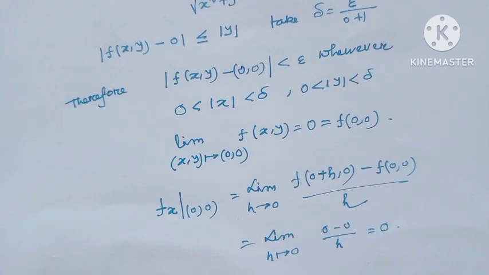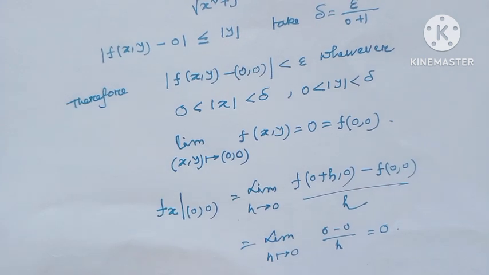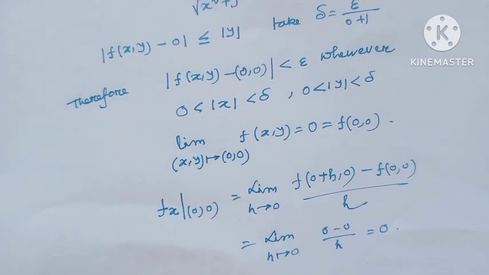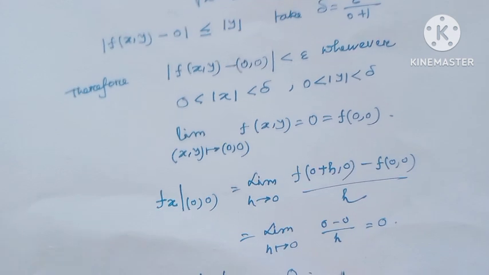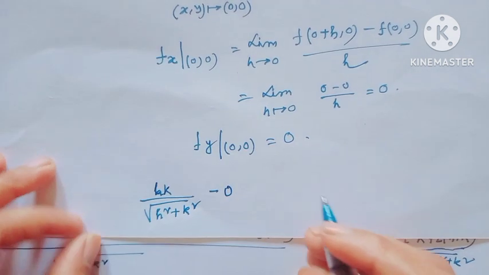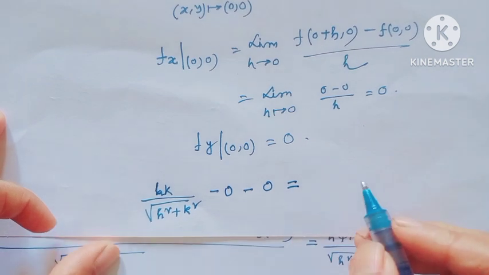For this, f(h,k) means hk divided by the square root of h squared plus k squared, minus f(0,0), and f_x and f_y at the point (0,0) are 0.